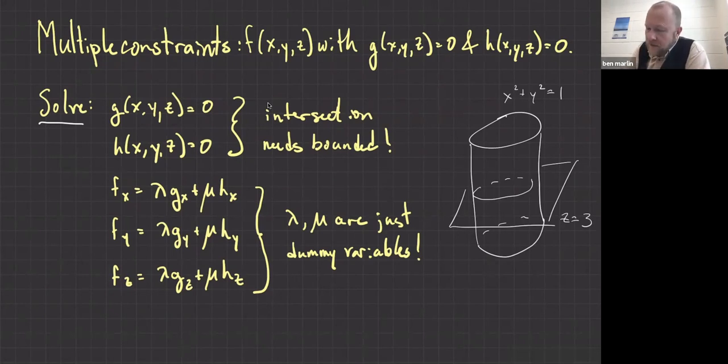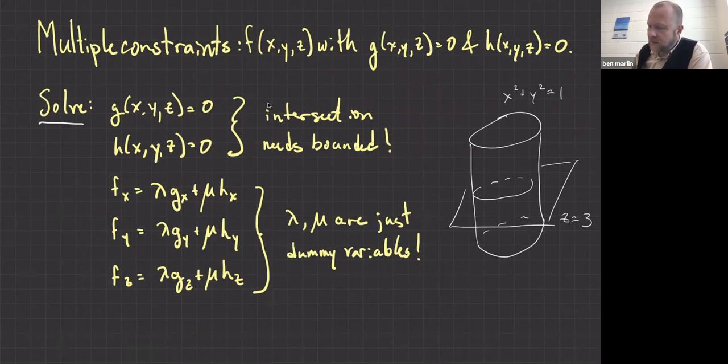So the method that we have, we're going to have our two constraints that we have to solve things with regard to. But now, because there are two constraints, we end up introducing two dummy variables, lambda and mu. And so we will be doing a similar kind of problem. It's just that we end up introducing two variables into it to make it work out.